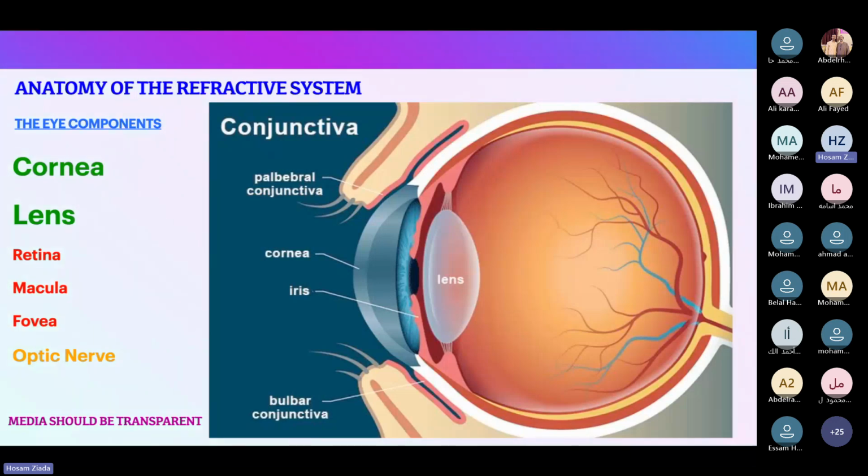So it will allow the entrance of the central light rays, which are subjected to the least refractive power of the surfaces. So the image will be collected directly on the retina in the fovea or the macula to give you a sharp, clear image.